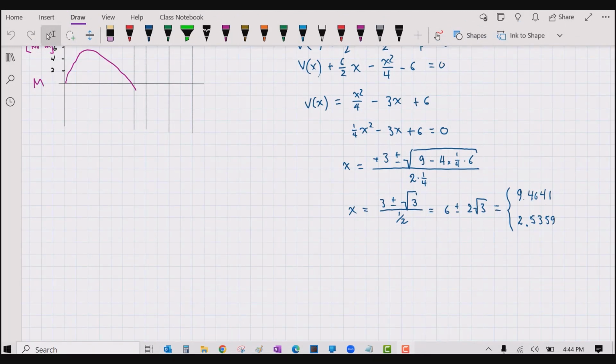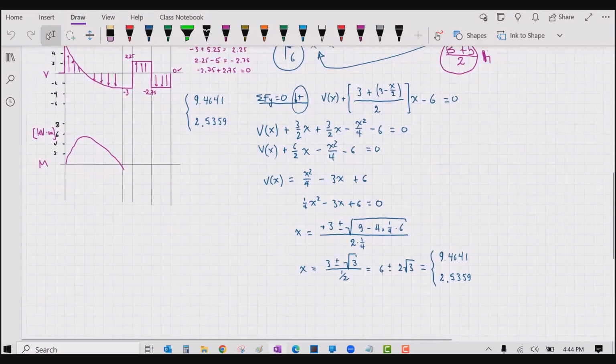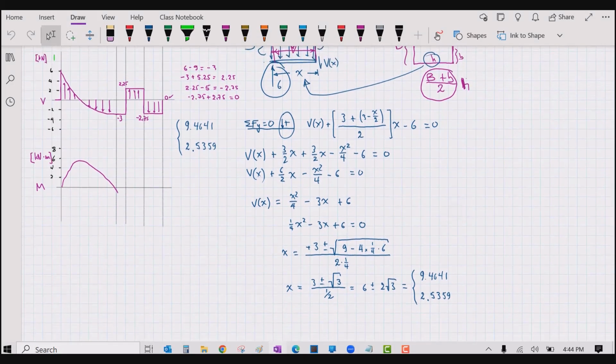Okay, we just found the location at which the shear is 0, but why did we find two locations? Let's take a look at that. This is actually the location of the zero crossing of a parabola, which is the shear diagram. This parabola goes like this.